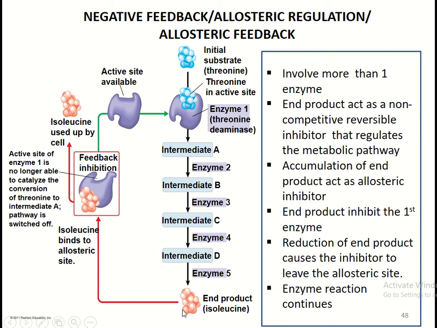So the excess amount of isoleucine will later bind to the allosteric site of the enzyme, thus changing the shape of the active site, and it is no longer able to catalyze the threonine. Okay, so it inhibits its own mechanism.